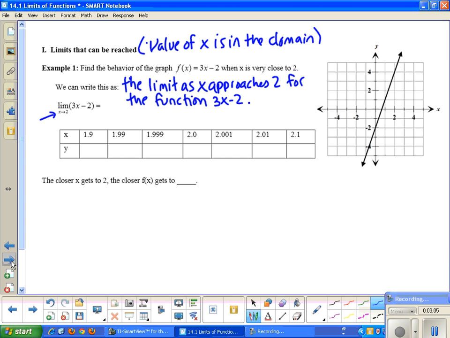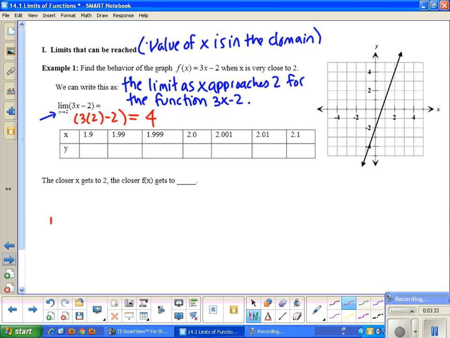Now, for this problem, if I plug 2 into my equation just to show you, I get 3 times 2 minus 2. Because 2 is in the domain of the function, and the domain of this would be all real numbers because there are no variables underneath radicals and no variables in my denominator, we can just plug 2 into our equation and figure out that 3 times 2 is 6, and 6 minus 2 is 4.